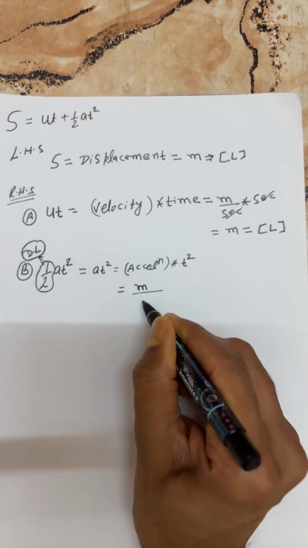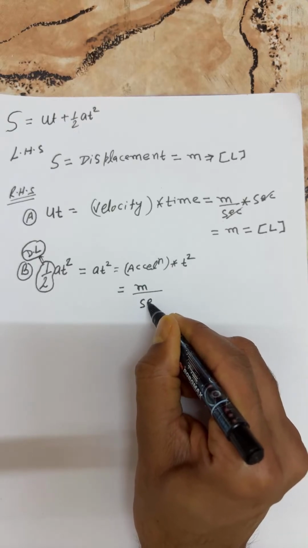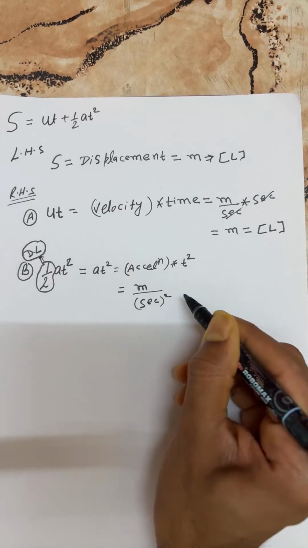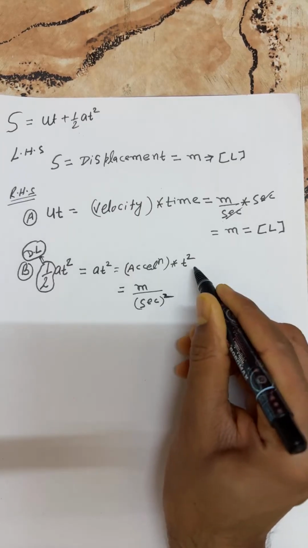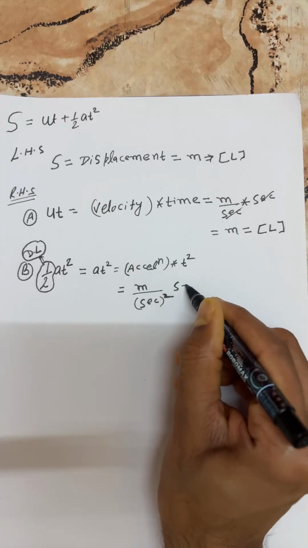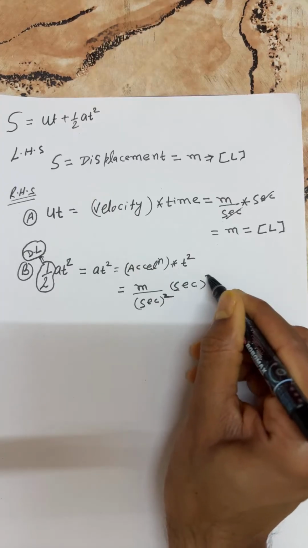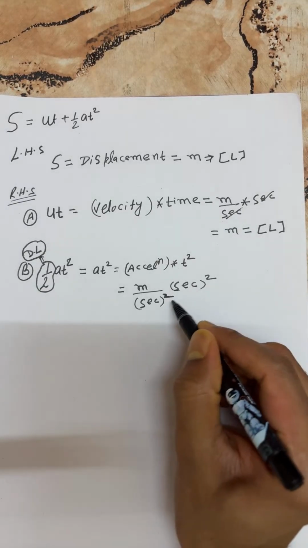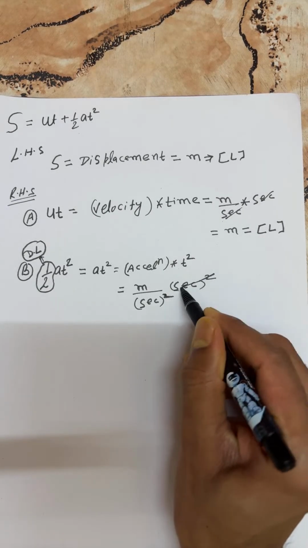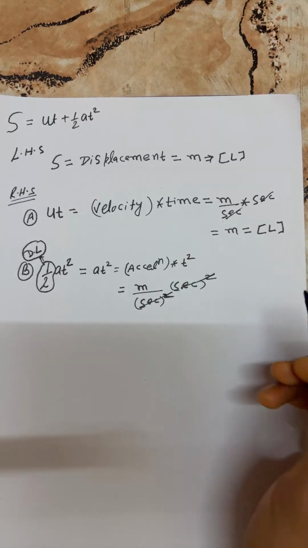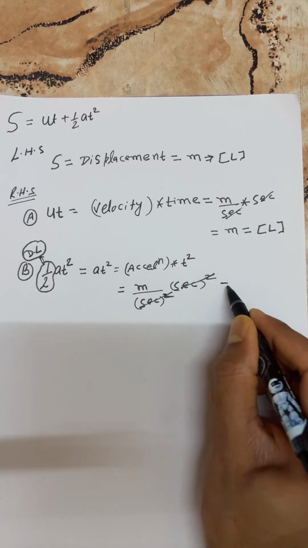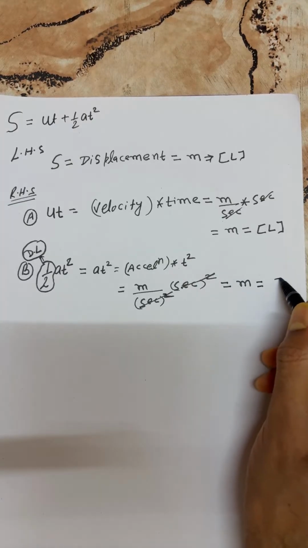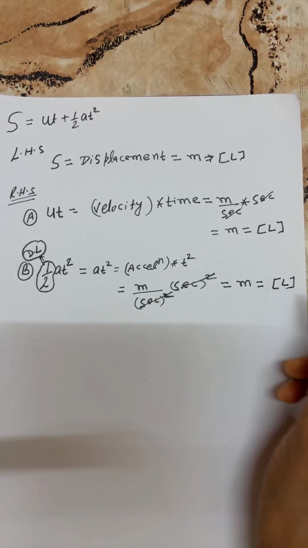Meter per second square. And time square is second square. So second square cancels, and ultimately you get meter. The dimensional formula remains L.